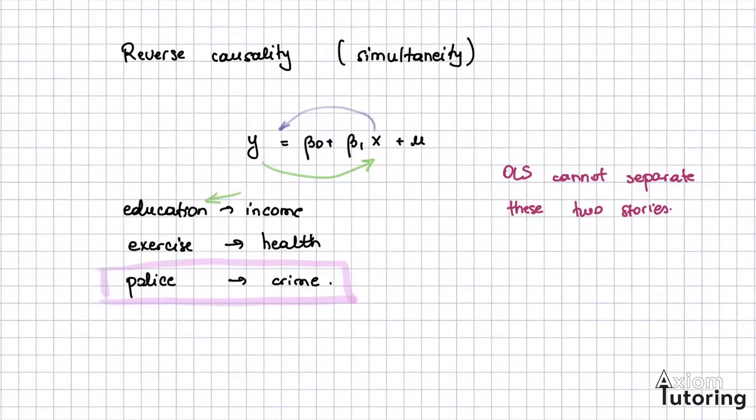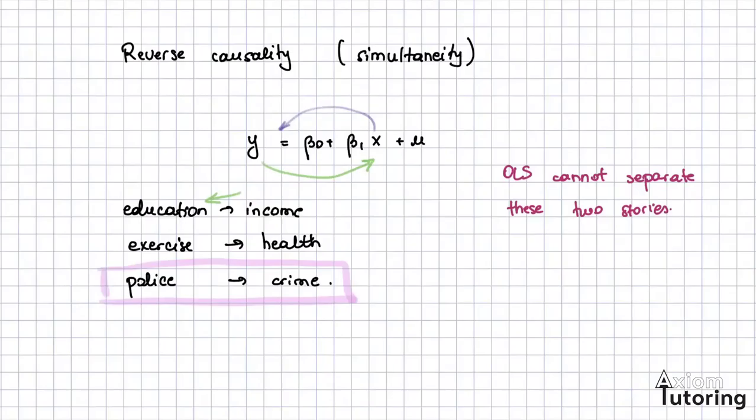You are deploying more police because the crime rate is higher. So the causality runs both ways. More crime causes more police, and the other way, okay? So if we regress crime on police, we pick up both effects simultaneously, and the OLS estimate is basically a mess of both causal directions.